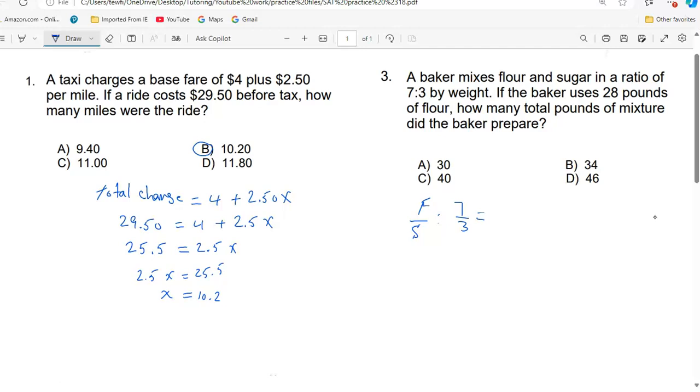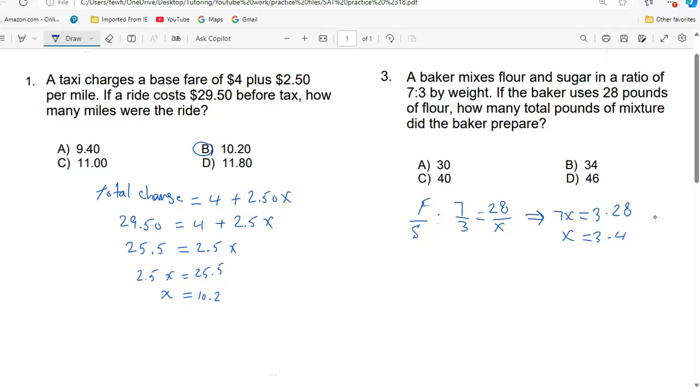So he used 28 pounds of flour. How many pounds of sugar is he going to use? If you cross multiply, you're going to get 7x equals 3 times 28. If I divide both sides by 7, x equals 3 times 4.